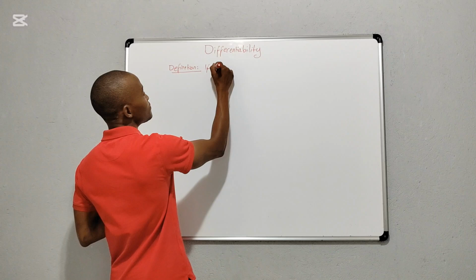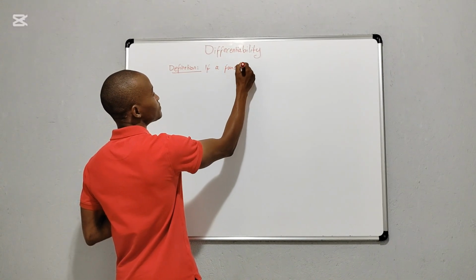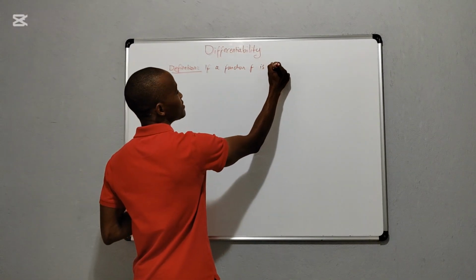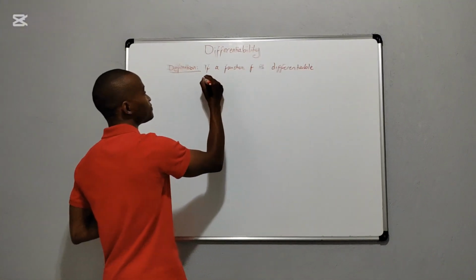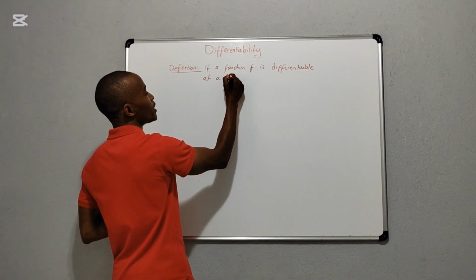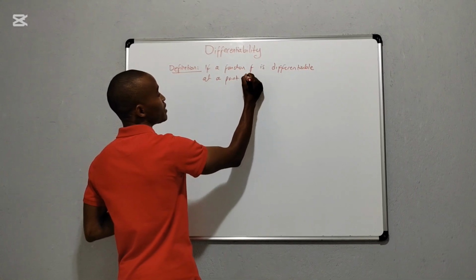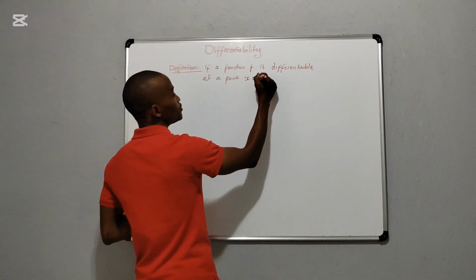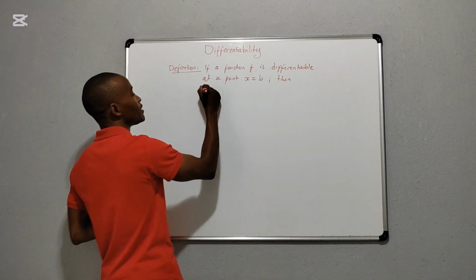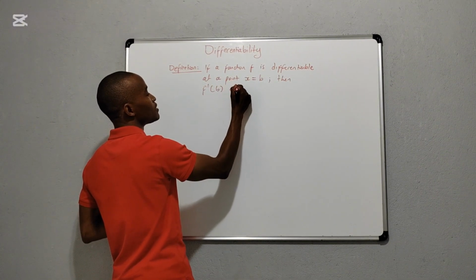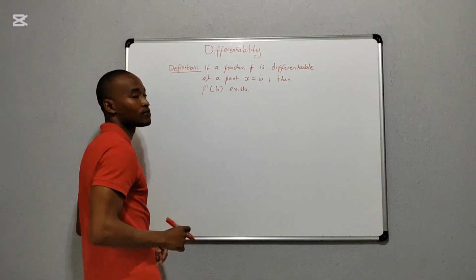So if a function f is differentiable at a point, say x equal to b, then f prime of b exists.